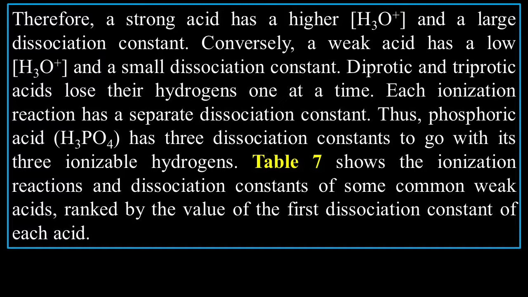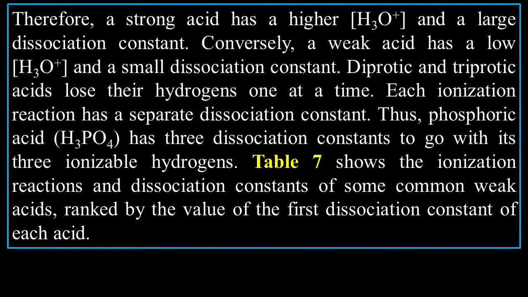Thus, phosphoric acid, H3PO4, has 3 dissociation constants to go with its 3 ionizable hydrogens. Table 7 shows the ionization reactions and dissociation constants of some common weak acids, ranked by the value of the first ionization constant of each acid.